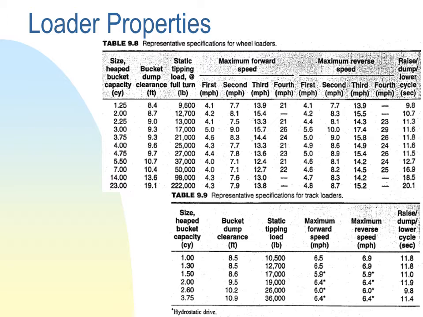So if you pick maybe the 2 cubic yards from both and compare, you'll see that the static tipping load is significantly larger in case of the track loader. However, the maximum speeds are much less. So, like anything in life, you will never take everything. You will sacrifice one thing for the other.